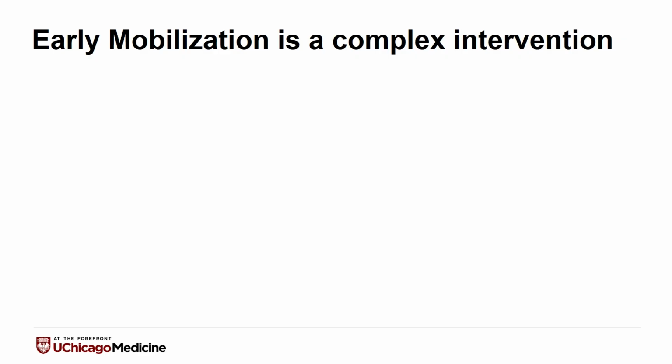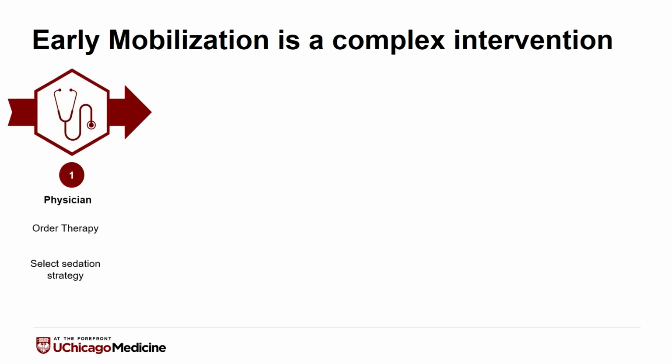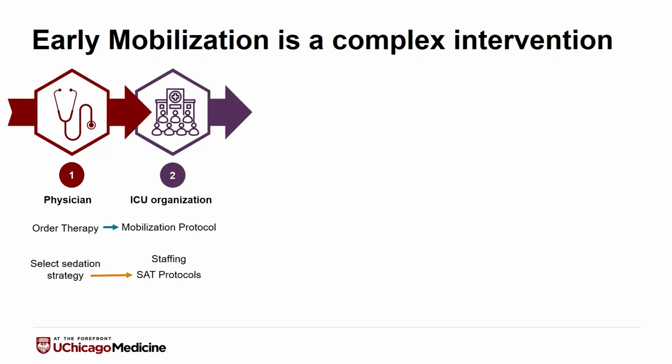But mobility is a team sport, and I think it's a testament to how cohesive and how well an ICU team works together. It requires a physician to order therapy and also select a sedation strategy that is conducive to that. It requires the ICU to be organized and have protocols that not only dictate the safety for awakening, but also the safety for mobility and have the adequate staffing to do so.